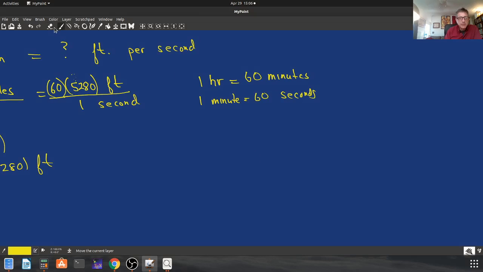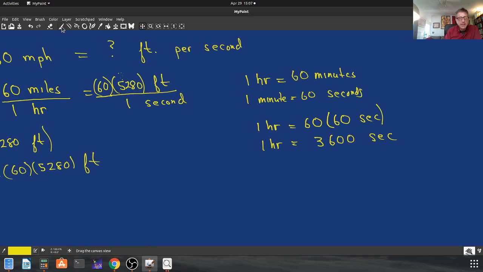So that means one hour is equal to 60 minutes, but 1 minute is equal to 60 seconds. So this is 60 times 1 minute. So 1 hour is equal to 3,600 seconds. But I don't want to write it that way. I just want to write it as 60 times 60. Why do I want to write it as 60 times 60?